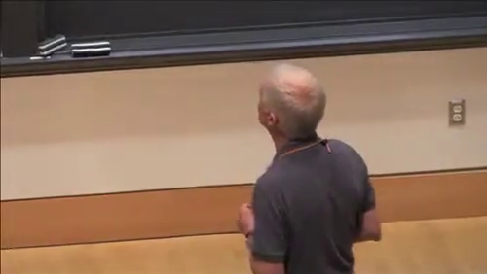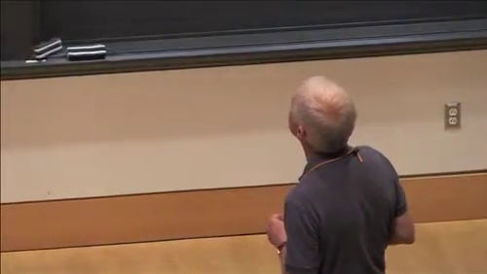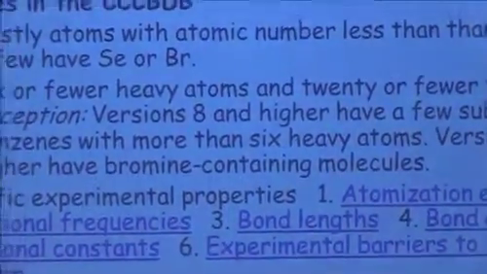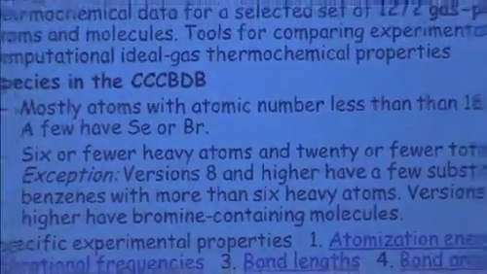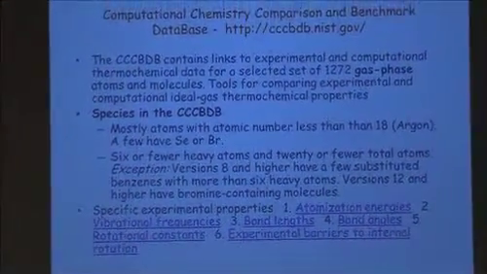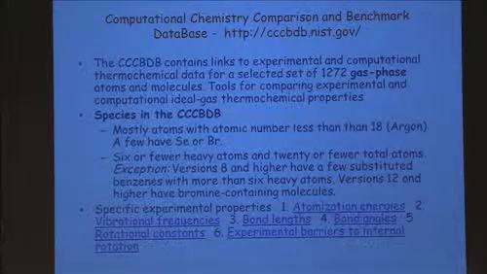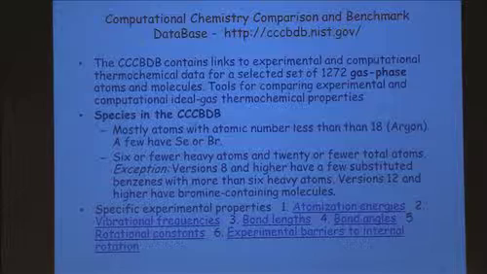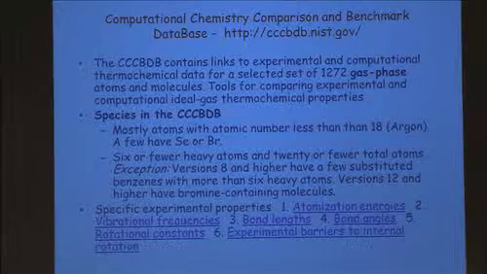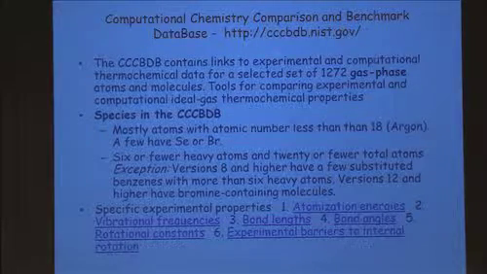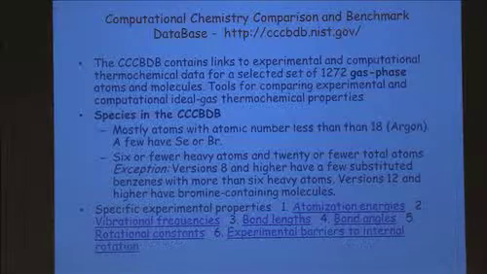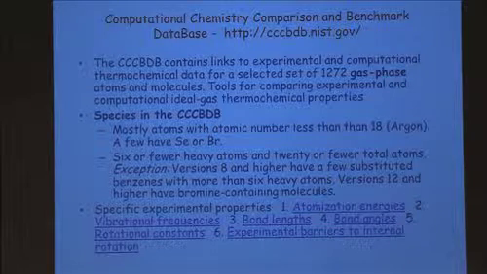But what you can do on the same website is go to the Computational Chemistry Comparison and Benchmark database. And I'll show you this in just a second. This contains links to experimental and computational thermochemical data. The key thing is the experimental data, for the time being at any rate, for a selected set of 1,272 gas phase atoms and molecules, but they're all fairly small.